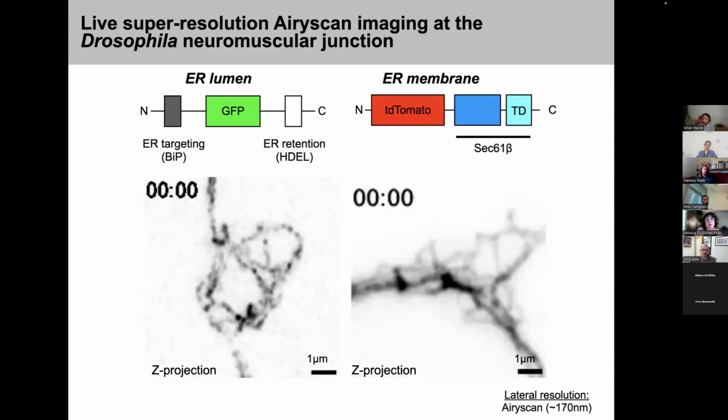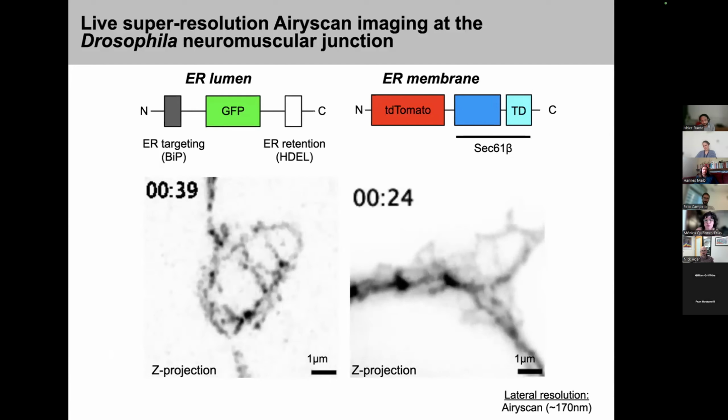When I started this work, there weren't really any tools to visualize live using super resolution microscopy. I can tell you more about this if you're interested, but I figured it out, and I was able to acquire high resolution movies at presynaptic terminals of Drosophila for the first time.